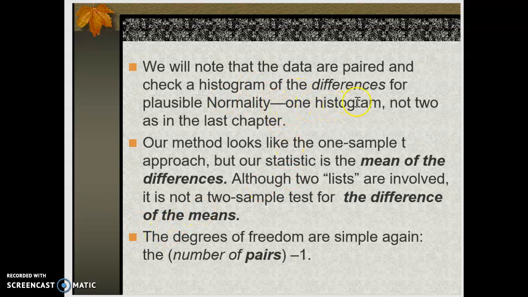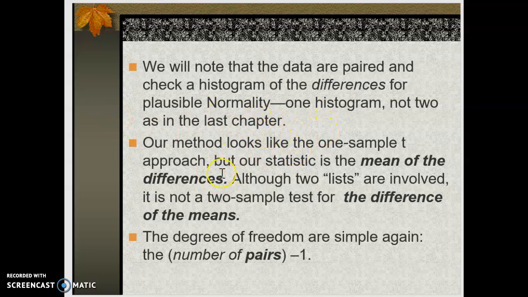The data are paired, so we're going to look at the histogram not of the two individual data sets, but of the differences of the data sets. So like this third list that I was talking about, create a new list of just the differences from list 1 and list 2, and then that is the data you'll use to make your histogram.